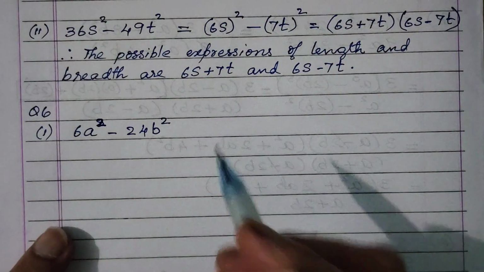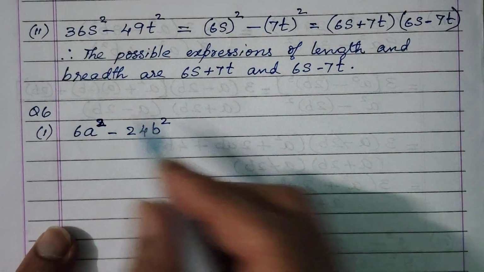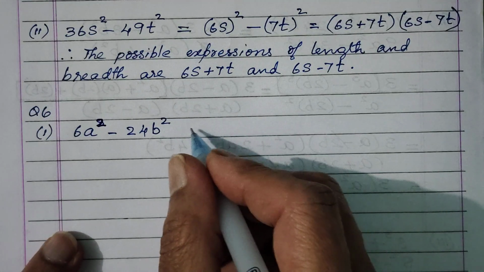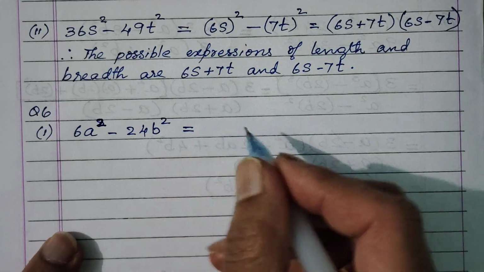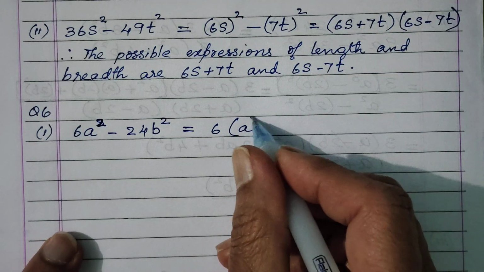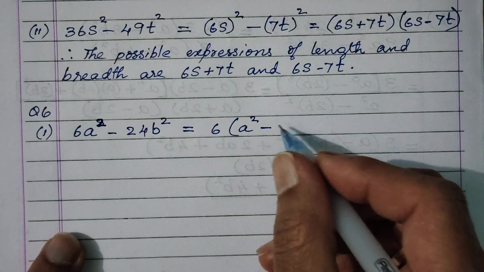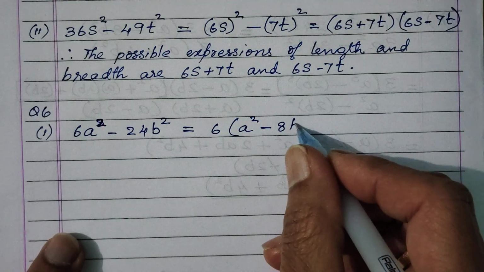Here what we will do, we will take 6 as a common factor for this because we can't write it as whole squares. So we will take 6 common factor, 6 into a square minus 4b square.